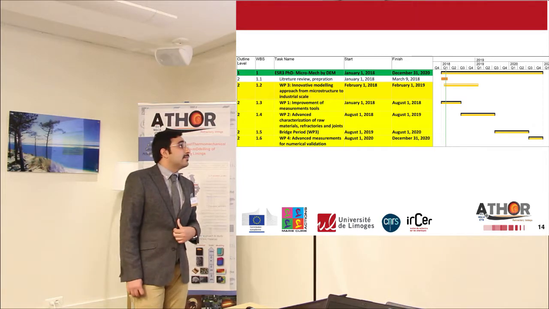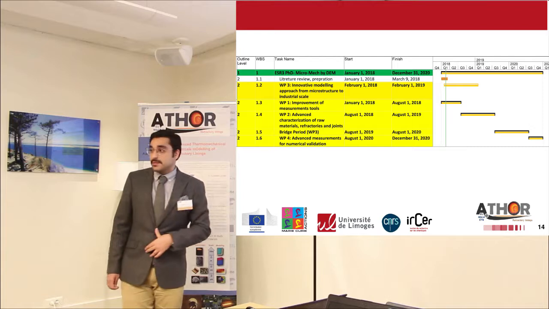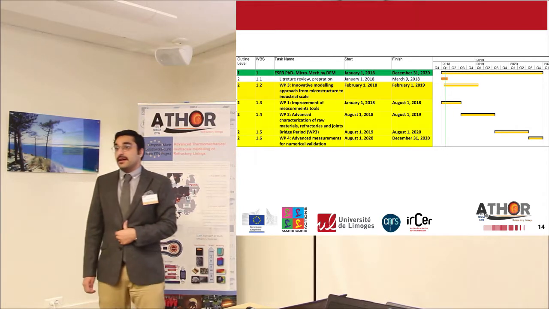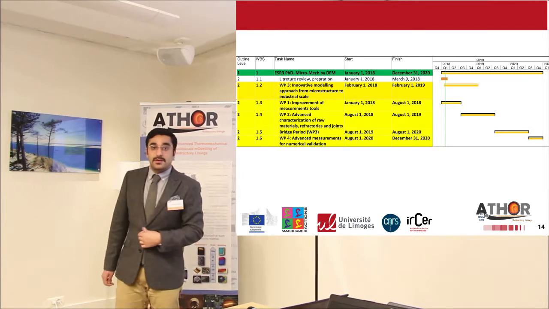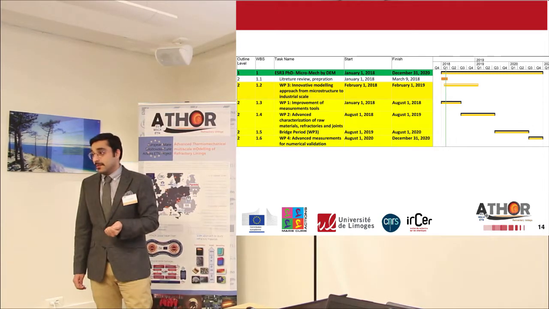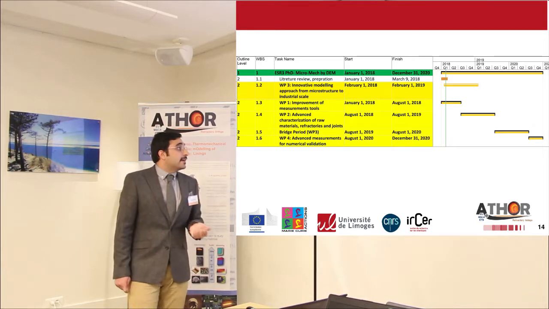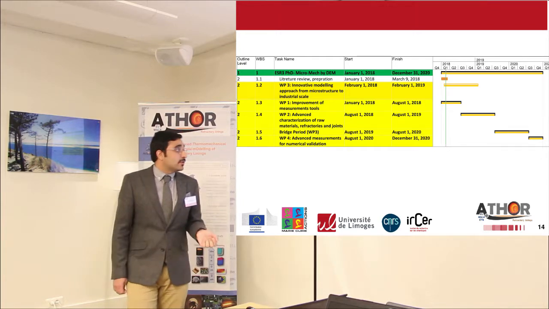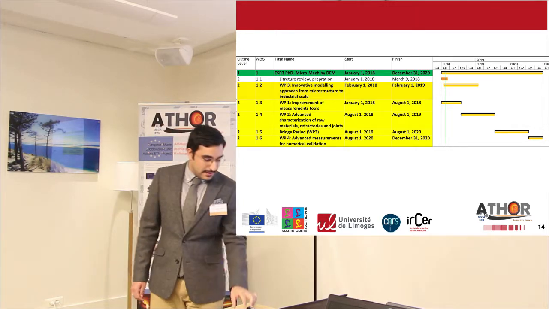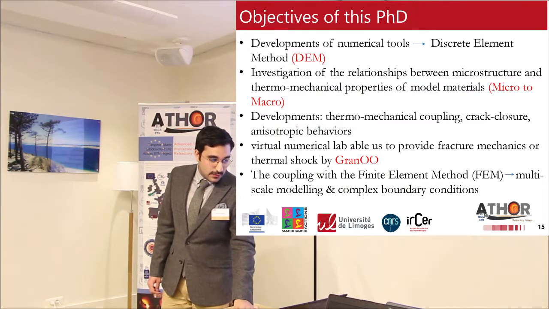Then I will have some parts on improvement of the measurement tools, which we are already discussing with the help of Robert and Diana, because they are also involved in this work package. Then some part in work package 2, and for sure at the end of my PhD, work package 4.